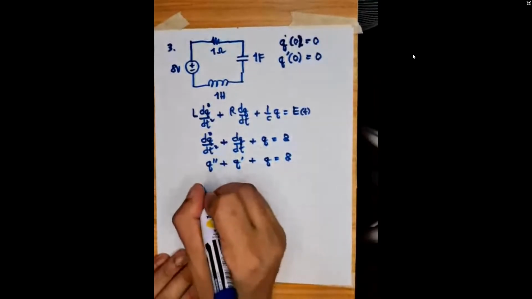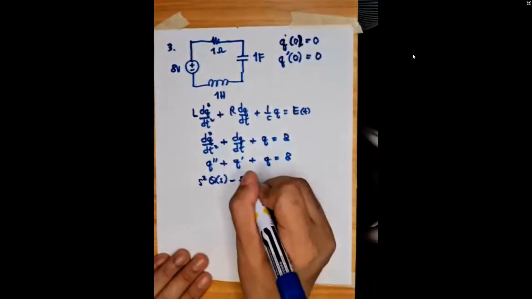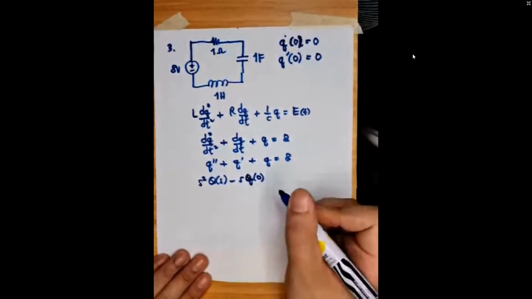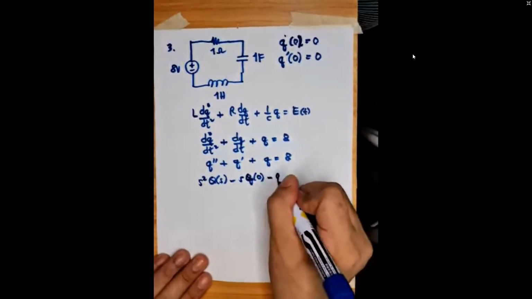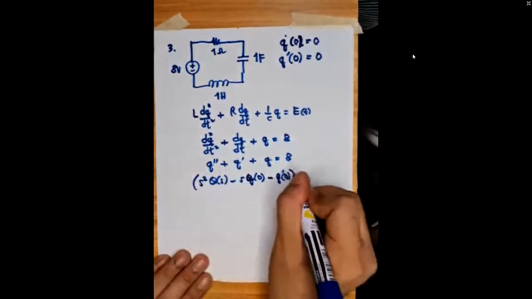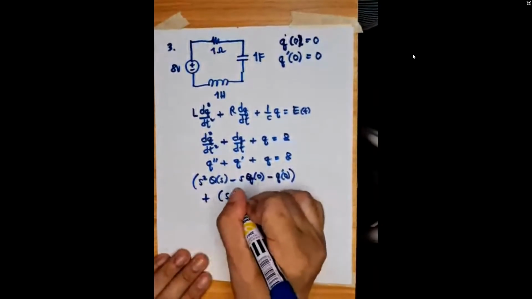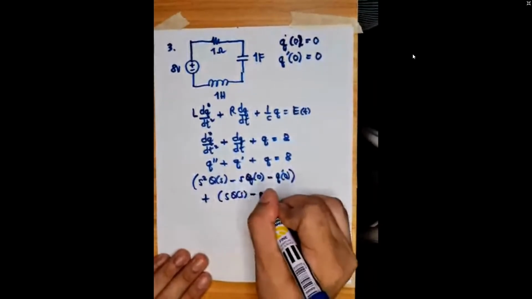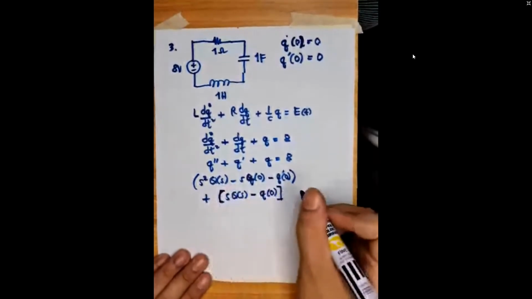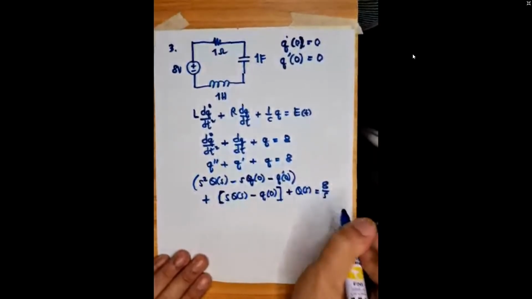So q double prime is s squared Q of s minus s q of 0 minus q prime of 0. Ayan. So plus, what's our q prime? So q prime is s times Q of s minus q of 0. Okay? Plus Q of s is equal to 8 over s.